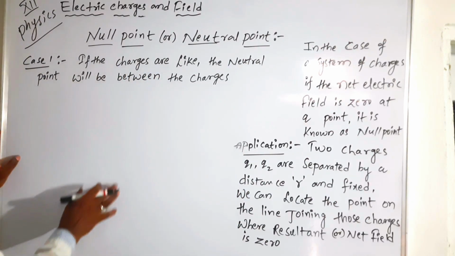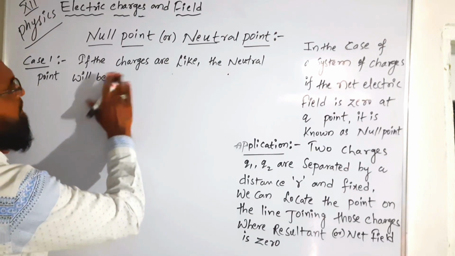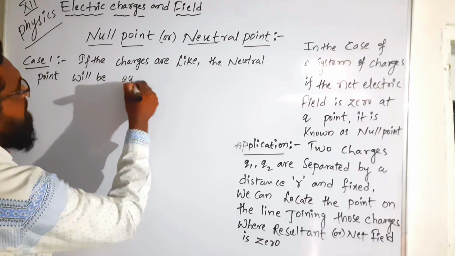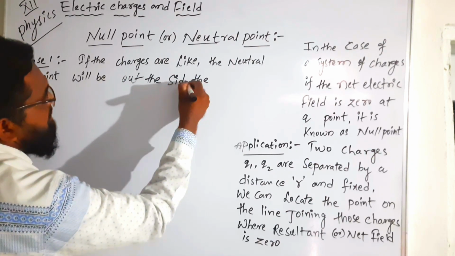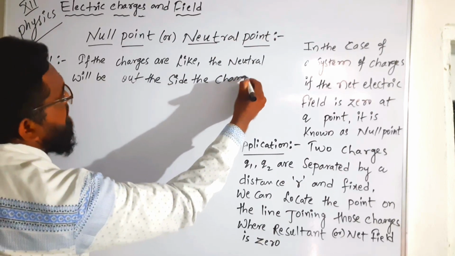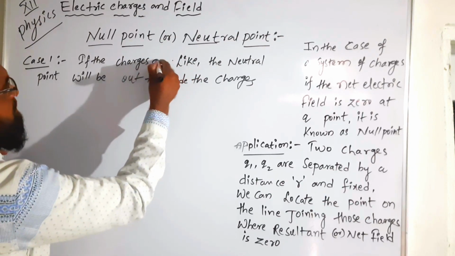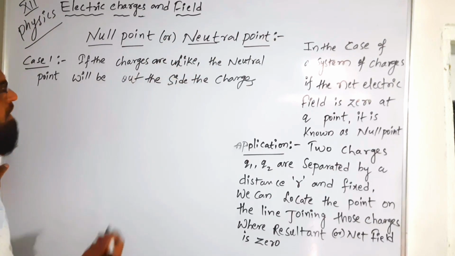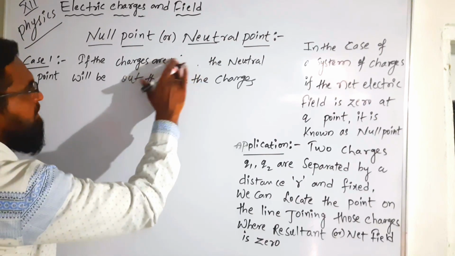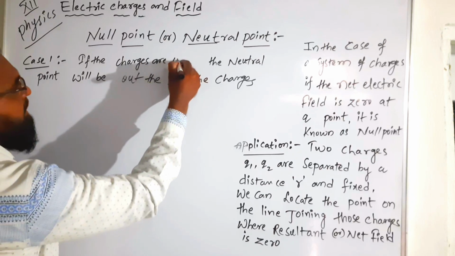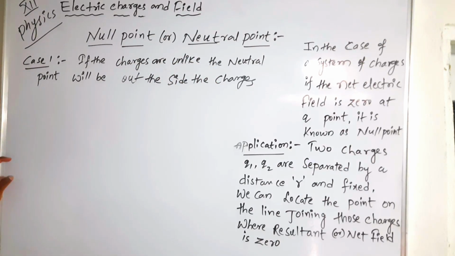If the charges are unlike, the neutral point will be outside the charges. I am talking about unlike charges. Sorry, clearly I will write here: unlike, the neutral point will be outside the charges.